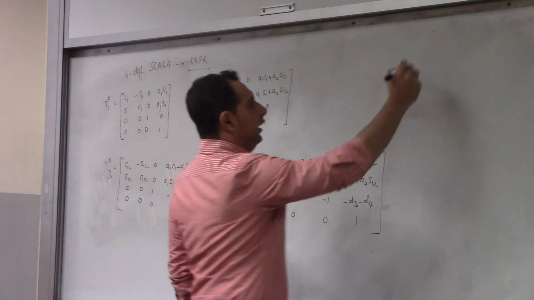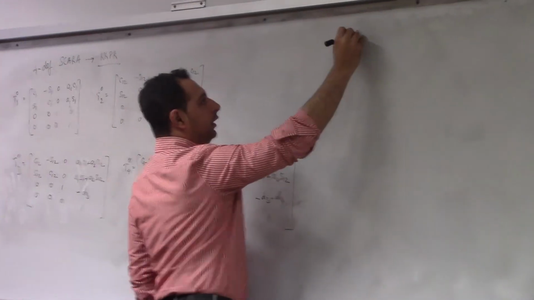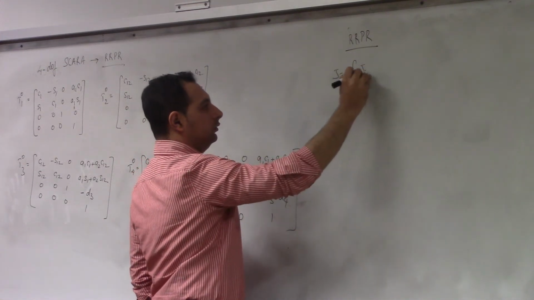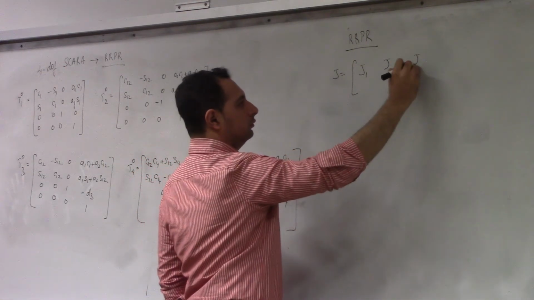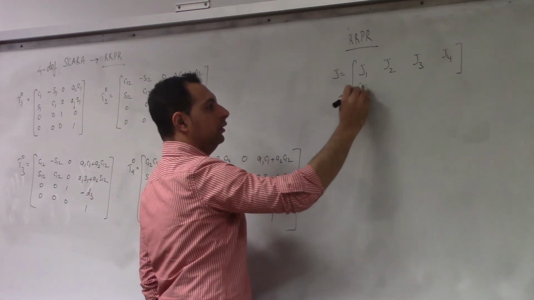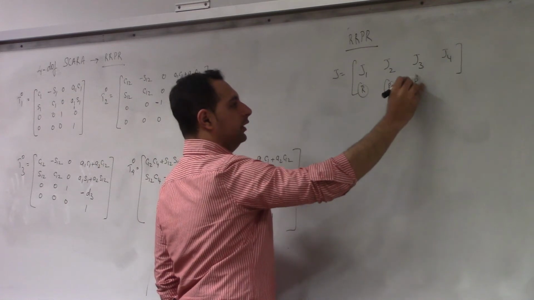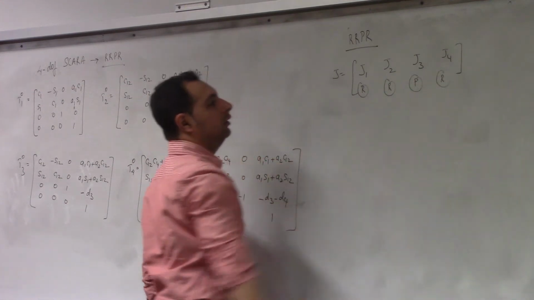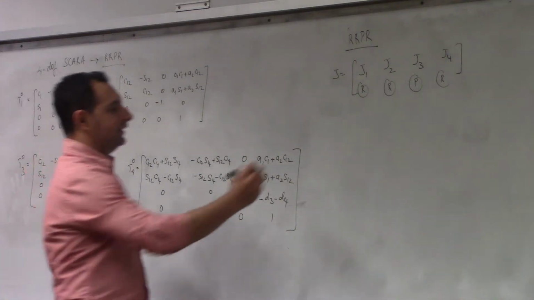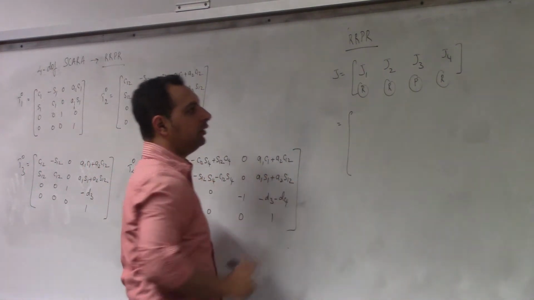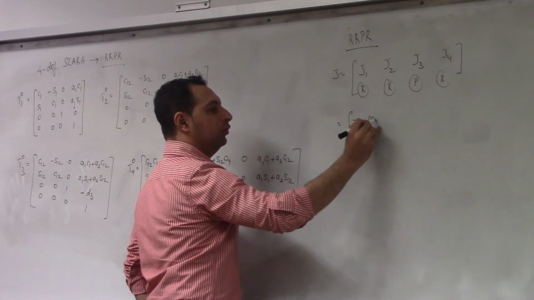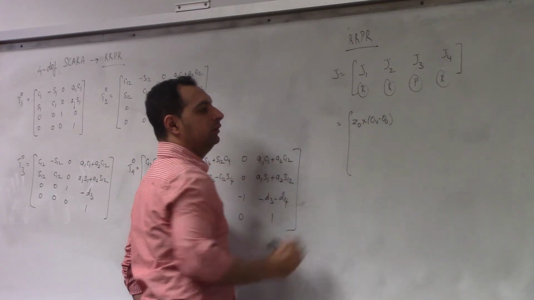Okay, because this is R, R, P, R, and here you have J will be equal to, okay, this is revolute, this is a prismatic joint and again a revolute joint. So here you can write this as the first one. For a revolute joint, this will be Z0 cross O4 minus O0, right?